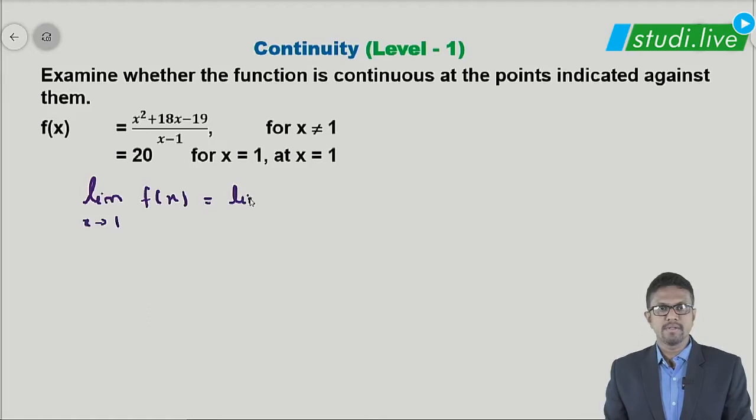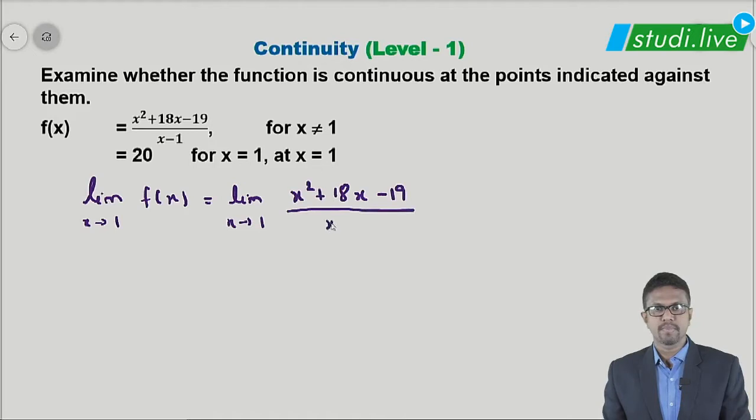So what is limit x tends to 1 f of x? Limit x tends to 1 f of x is of course (x square plus 18x minus 19) upon (x minus 1). So this is the limit, and let us solve this. Of course we will factorize the numerator and then apply the limit so that we can get the answer.